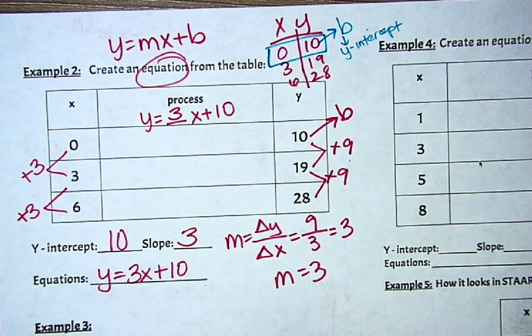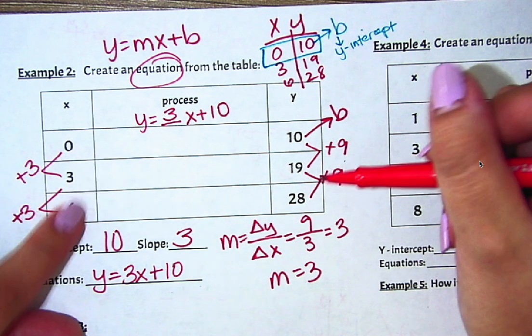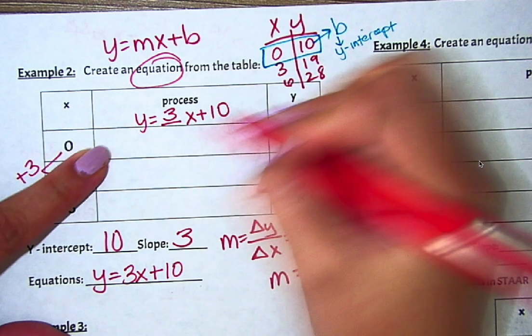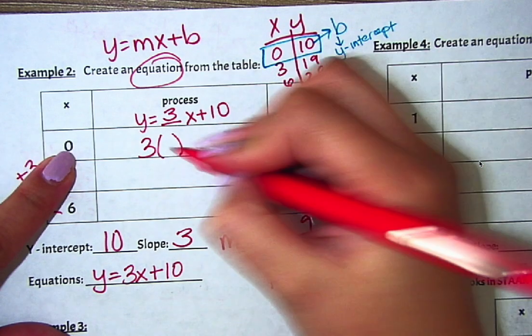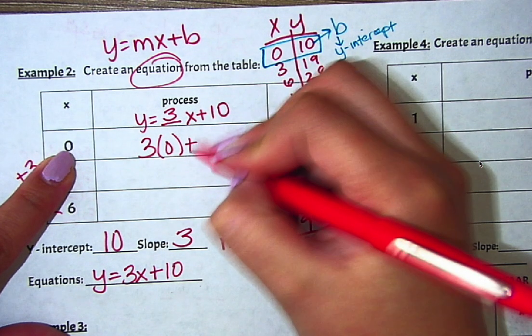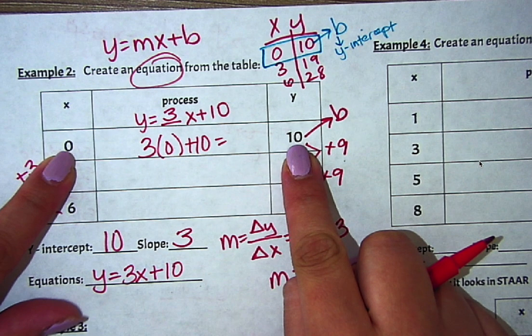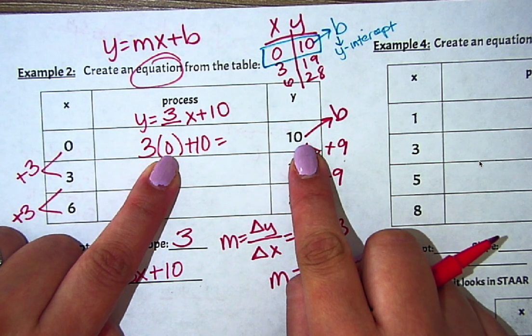Okay? So let's plug in our equation now to make sure that we got it right. Let's check ourselves. My equation was 3x plus 10, and if I plug in 0 as my x value, I should get 10 as my y.